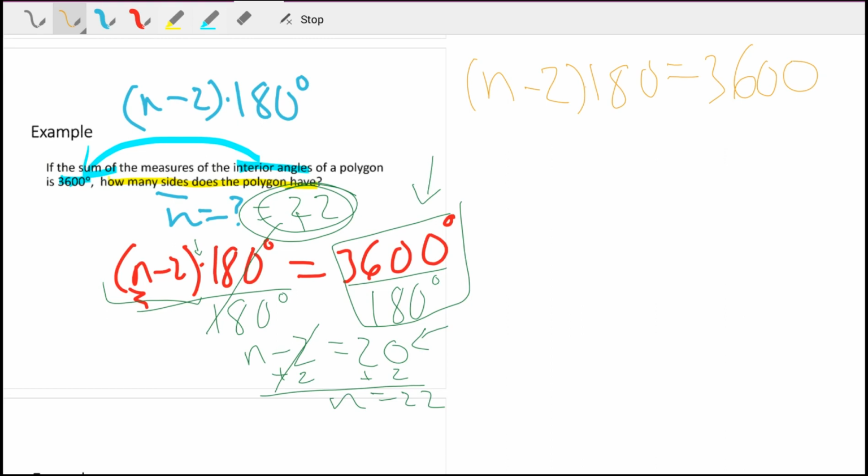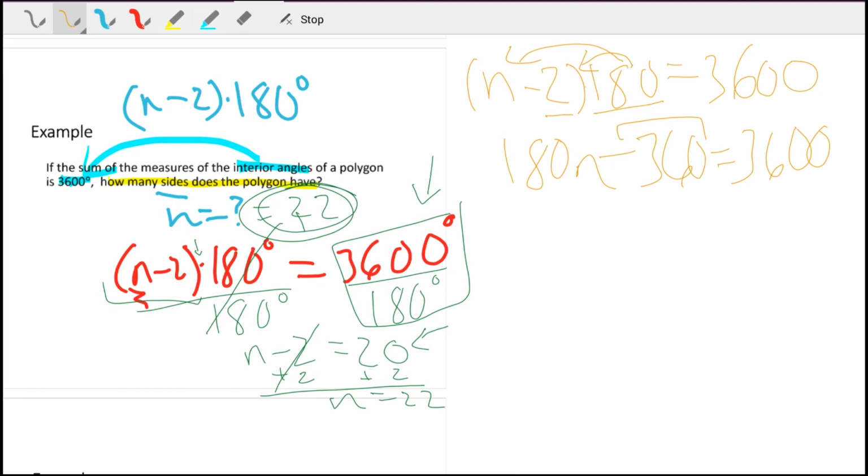So what you can do is distribute that 180, because it's being multiplied, so you're distributing anyways, and that's why I wrote the parentheses. So we would get 180n minus 360 equals 3,600. The 360 comes from multiplying 180 and negative 2.